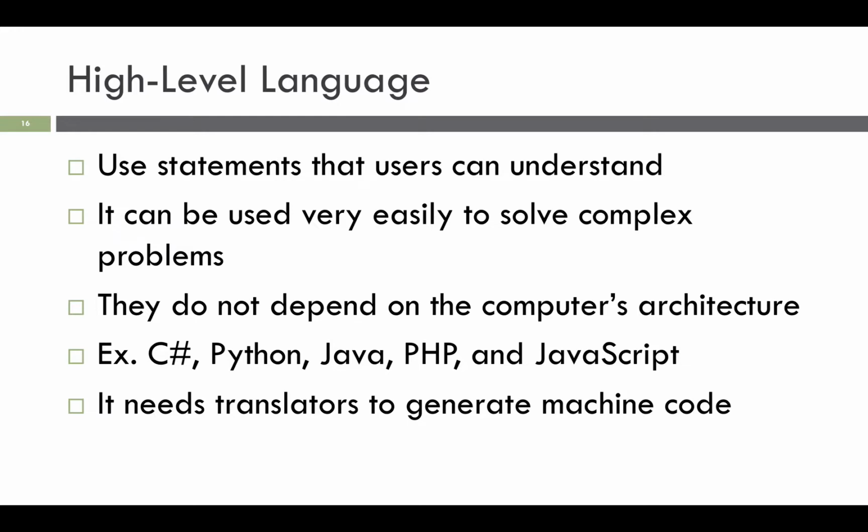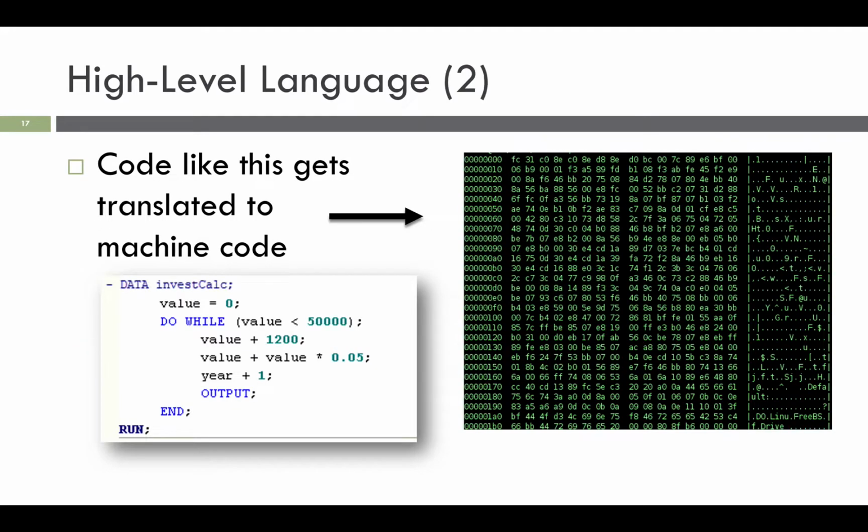Examples of high-level languages are C#, Python, Java, PHP, and JavaScript. These languages still need to be translated into machine code. This comparison shows the differences between the high-level code and the low-level machine code. Other software, such as compilers, generate the machine code from the human-readable code.